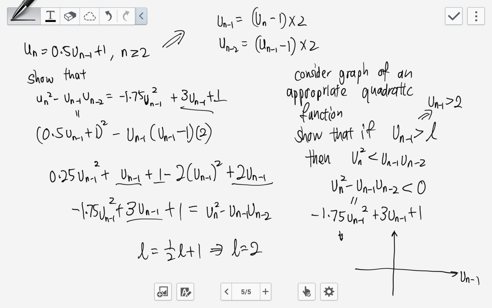From here I know that the y-intercept of this quadratic equation must be 1. Then where would it intersect the x-axis? So I solve for this. This term is actually minus 1 and 3/4, which is minus 7 over 4.